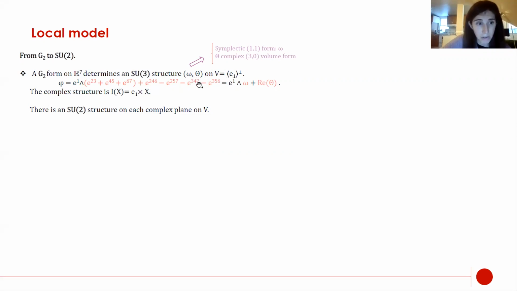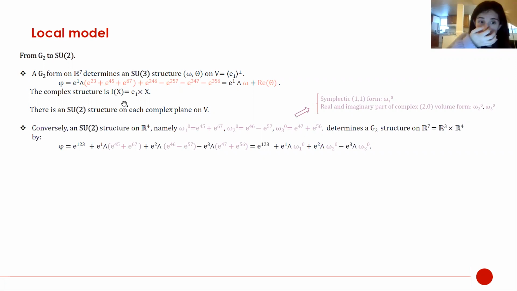In terms of complex structures, one can define the complex structure as the cross product with the perpendicular vector E1. And since the space V has an SU3 structure, whenever we fix a complex plane there, we will have an SU2 structure.